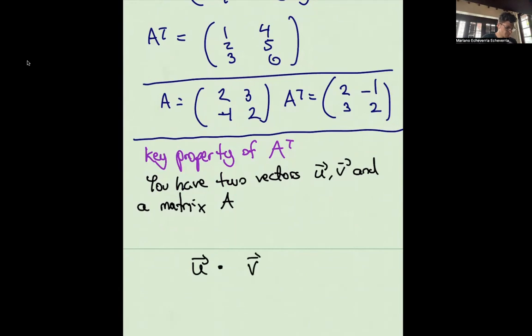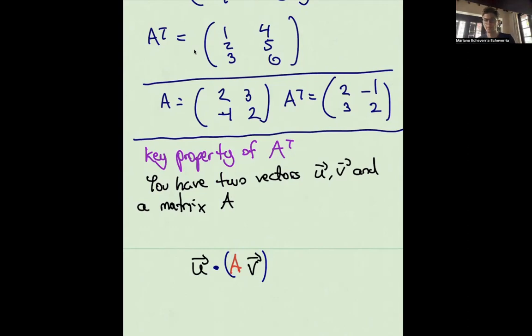But imagine that before taking their dot product, you multiply one of these vectors by A. So I'm taking the vector V and doing A times V. A matrix times a vector is a new vector, and then I'm taking the dot product of that new vector with U, okay? So before doing the dot product, multiply one of these factors by A.